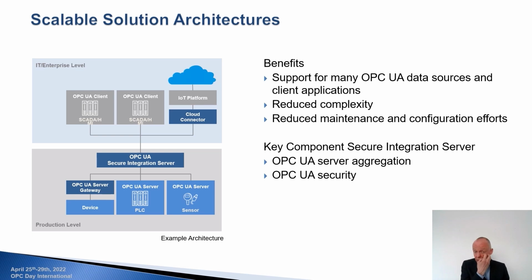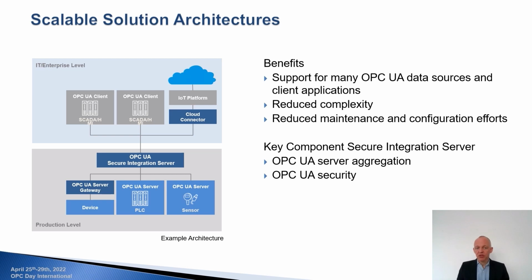Let's take a closer look at one specific situation, and this is the question of how to deal with potentially a large number of components, a large number of data sources, and also maybe a couple of client devices, as you can see here in the picture on the left-hand side. Sensors, PLCs, devices at the bottom, clients at the top, and connecting each application individually to all these data sources means that potentially a large number of connections need to be configured, and that means effort.